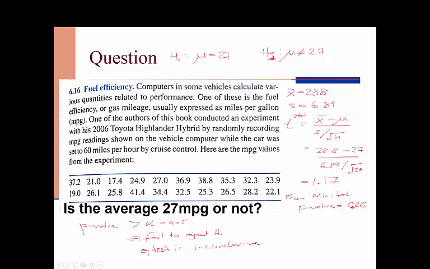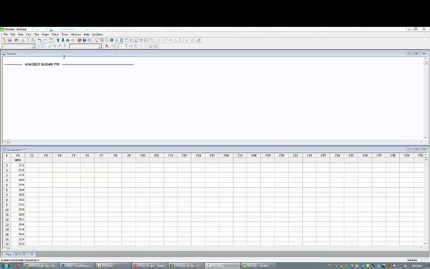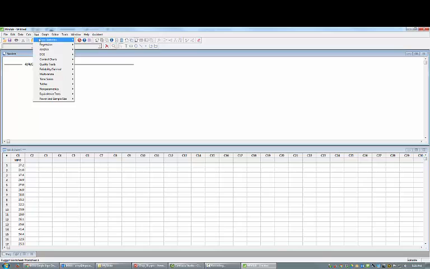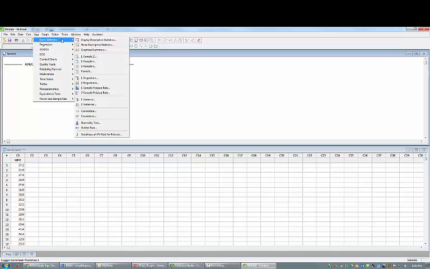Okay, now let's see how to do this entire test in Minitab. So to do the test, you go to Stat, Basic Statistics. Now, just like we did the hand test with one-sample Z, you can also do the same test in Minitab.